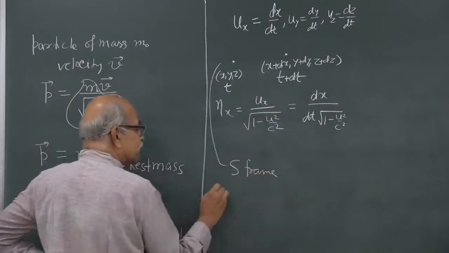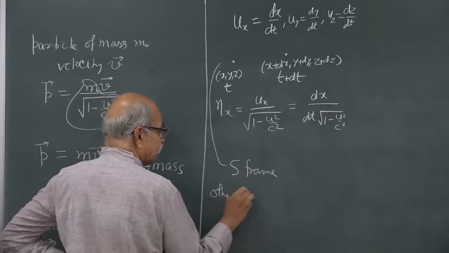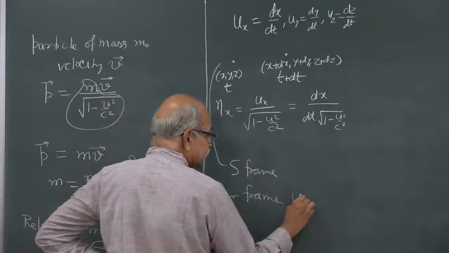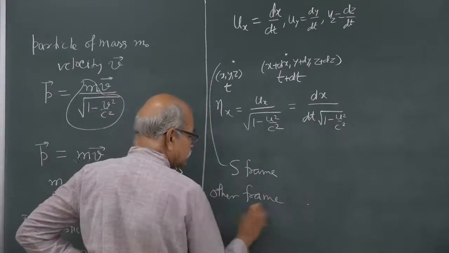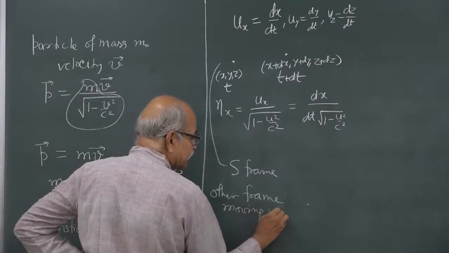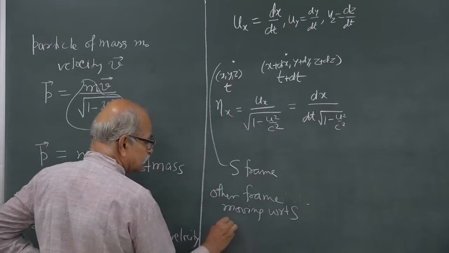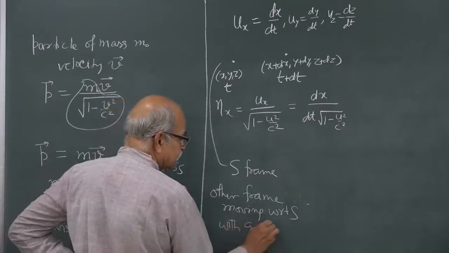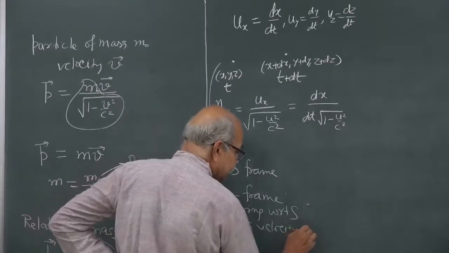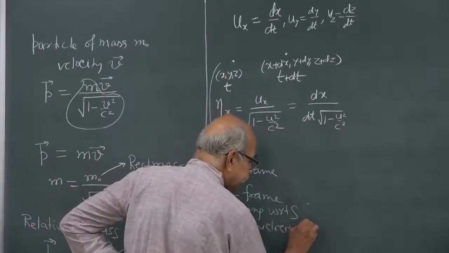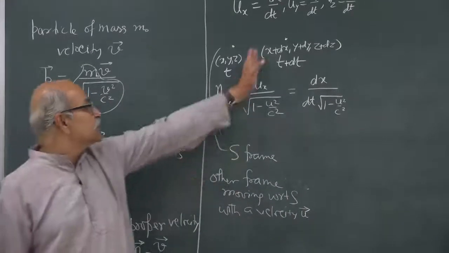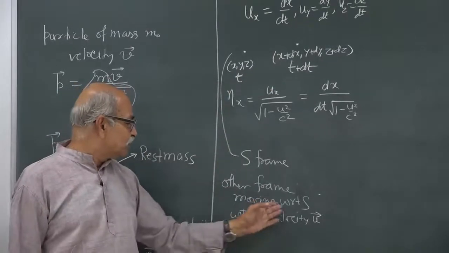So, if I say that this whole picture is from frame S, and we go to some other frame which is moving in x direction with velocity u with respect to S. The particle is moving with velocity u and my frame is also moving with velocity u.